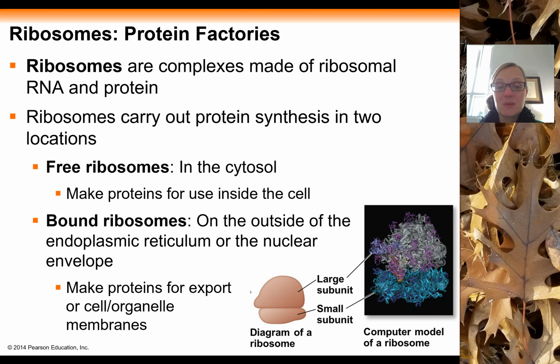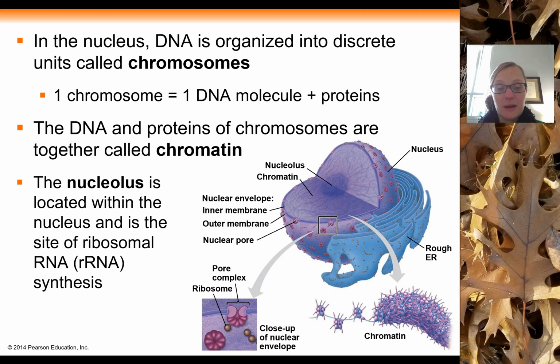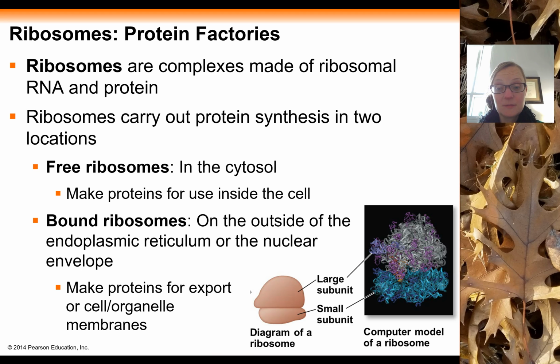Let's take a couple steps back and look at this slide, right? So we have our nucleus here in purple, and you'll notice that there's another organelle closely associated with the nucleus here in blue. That's the endoplasmic reticulum. You'll notice that the outside of the endoplasmic reticulum and the outside of the nuclear envelope are both spotted with these little circles. If we look at the blow-up, those circles are in fact ribosomes attached to the outsides of these membranes.